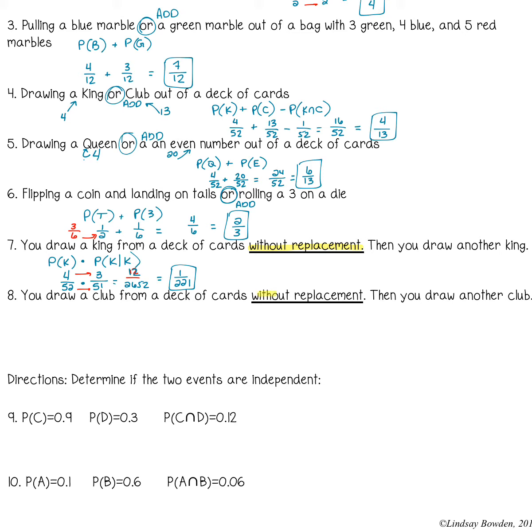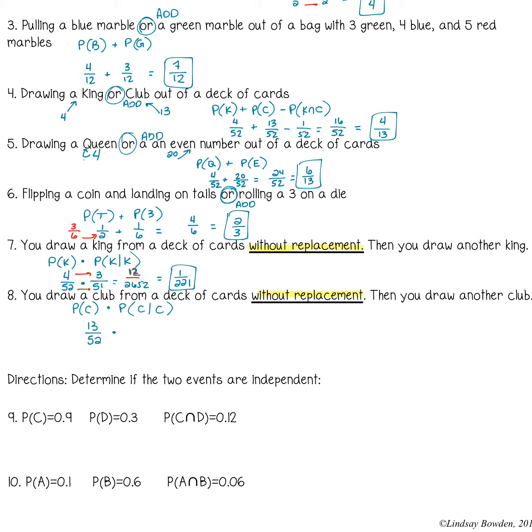You draw a club, and without replacement, you draw another club. So probability of club, and then probability of a club given club. So the first probability is 13 out of 52. We're not putting that club back in the deck. We're going to assume we pulled a club.